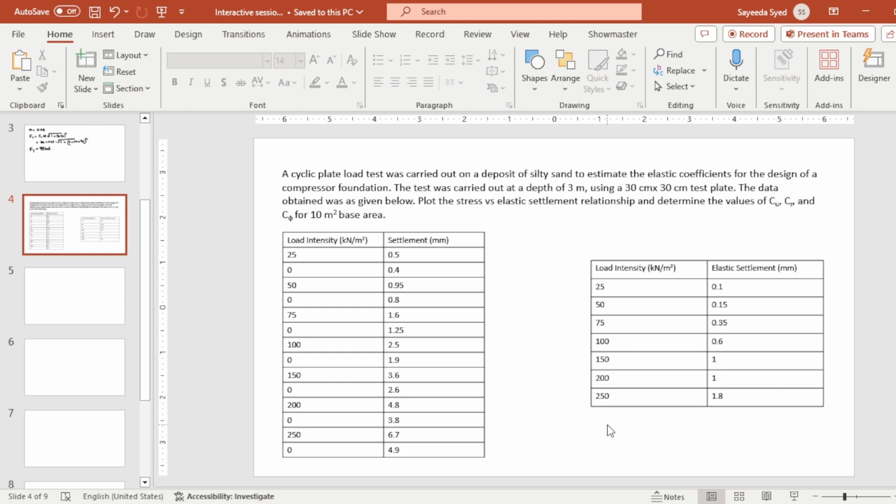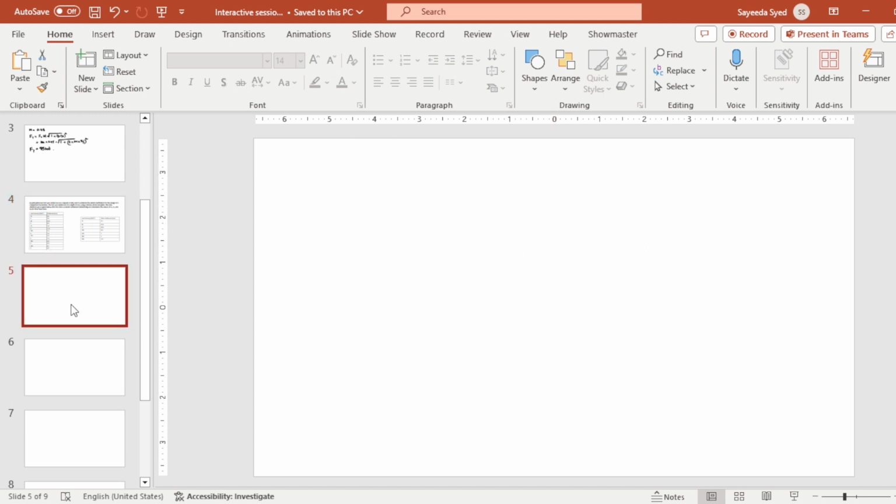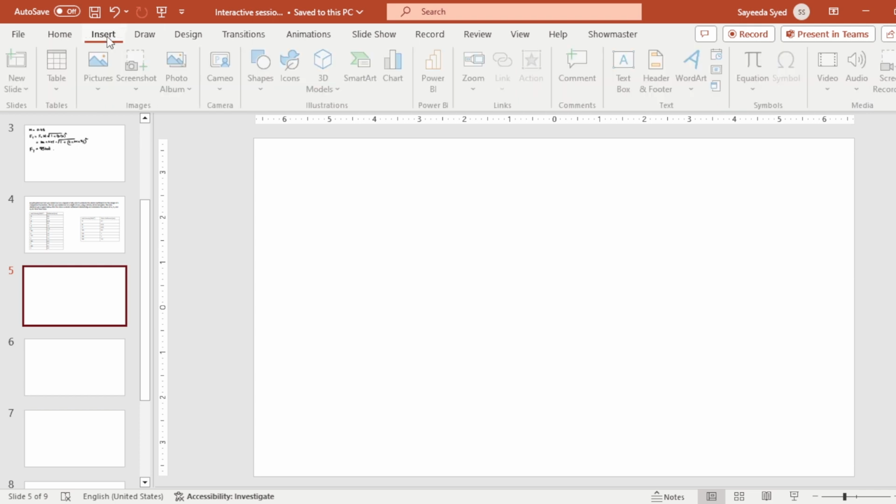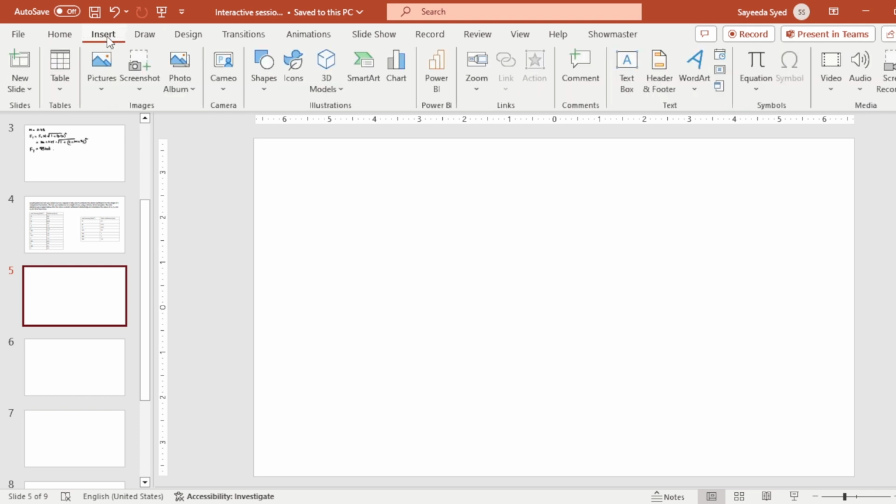Moving further, we plot the load intensity P versus elastic settlement. I want to plot this in Excel, but then I won't be able to share my screen, so let me see how I can do that. Just give me a moment.